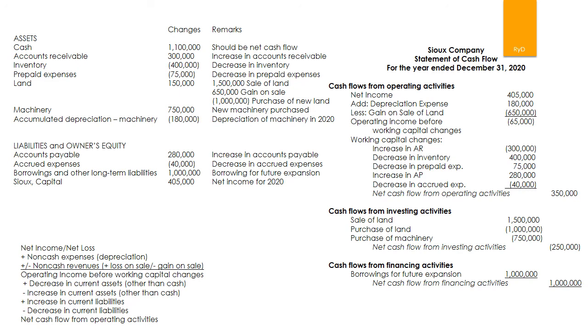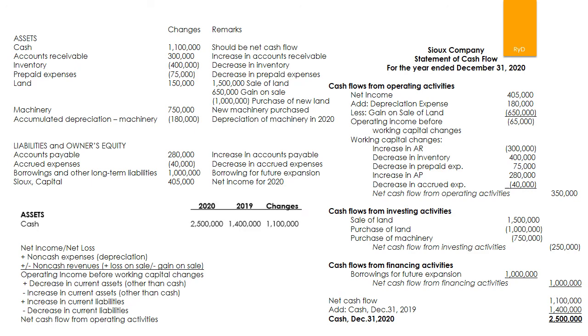And then we sum up our cash flow activities to arrive at our net cash flow of 1.1 million. Then we add our cash beginning at 1.4 million, which is given in our problem. So we arrive at our cash end at December 31 at 2.5 million.